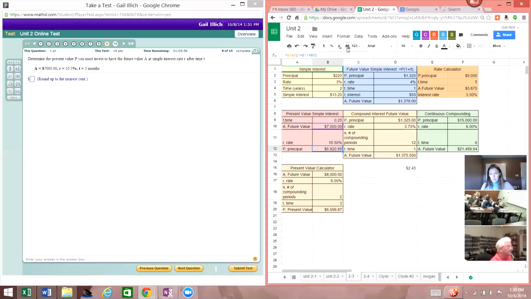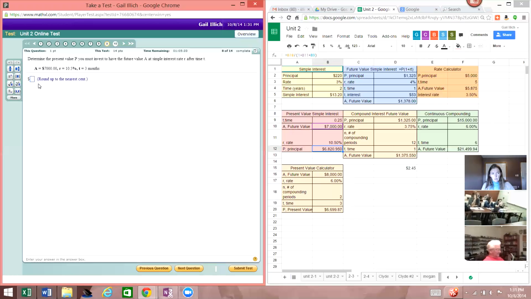I'm going to add a decimal on this. Okay, it's a 0, but it does say round up to the nearest cent. I think if this had been a 1 right here, you would need to make it 96, because you want to end up with the 7,000, and if you go under, you're not going to get that. So if you miss this one, send me an email, and I'll take pity on a few pennies.